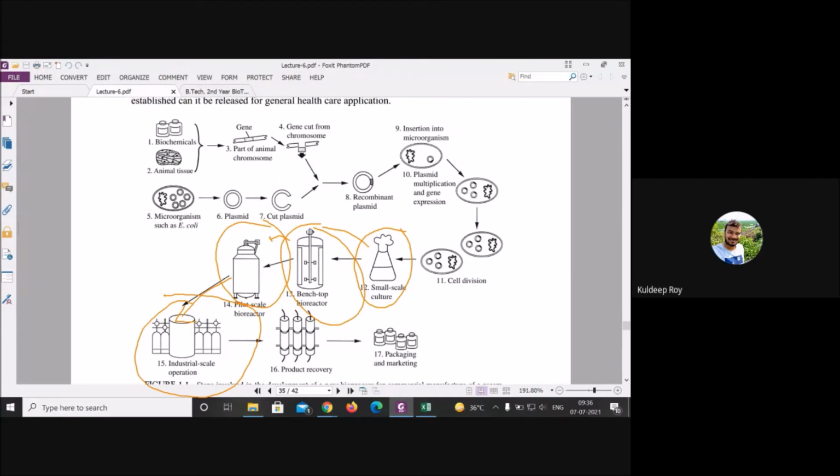These are the few steps generally you have to follow to scale up any kind of bioreactor.